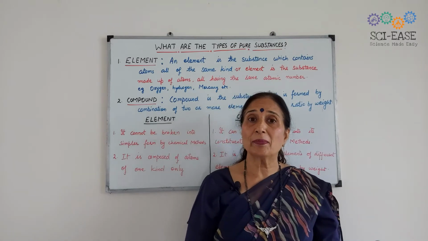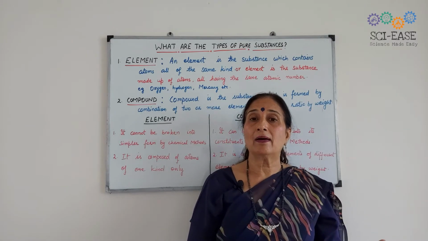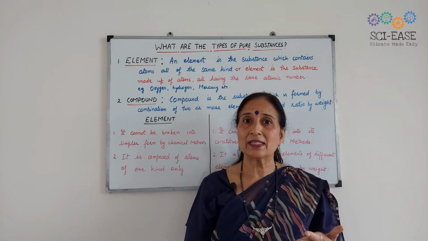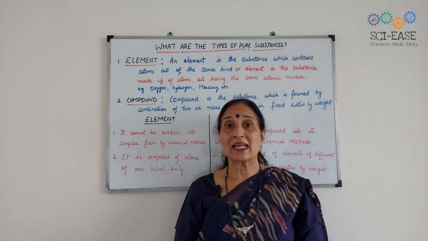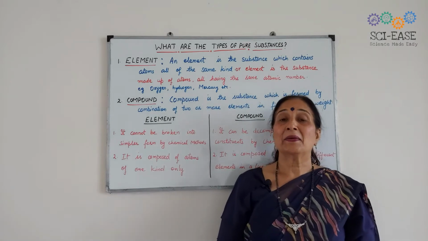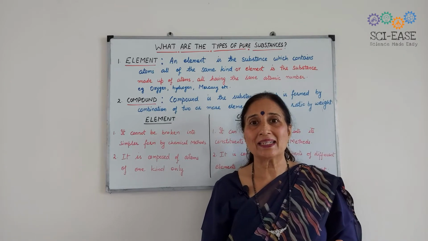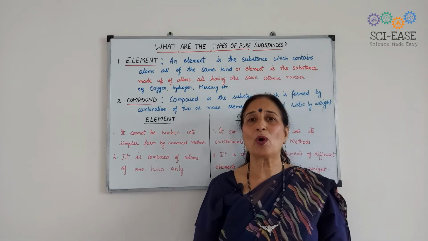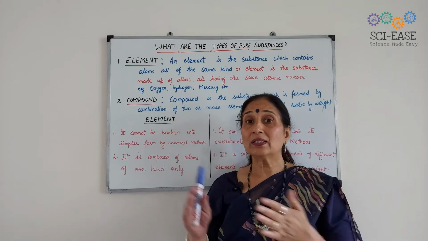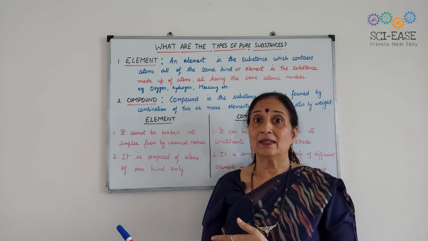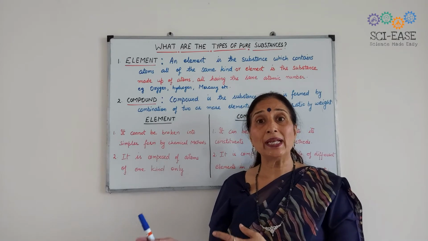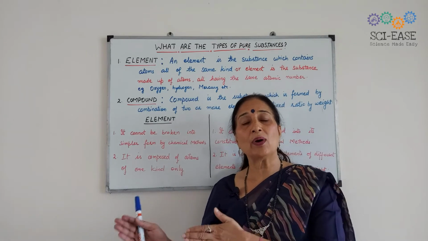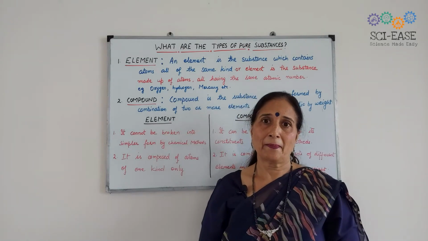Other properties of the metals: metals are good conductor of heat and electricity. Metals are lustrous. Metals are malleable and ductile. Metals have high melting and boiling point. On the other hand, non-metals, which are only 22 in number, they may be solid, liquid, or gases.